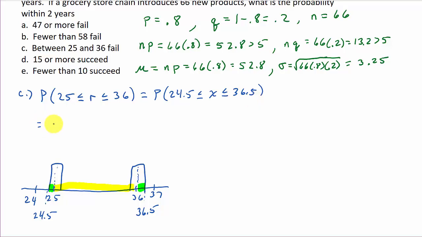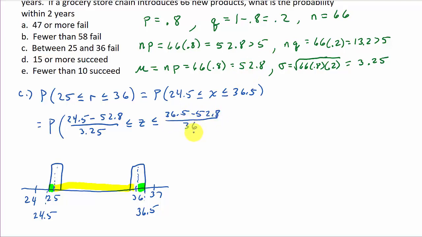And then we need to take this and convert it to our z-score. So that's going to be 24.5 minus the mean, 52.8, over the standard deviation, 3.25, less than or equal to z, less than or equal to 36.5 minus 52.8 over, not 36, 3.25.